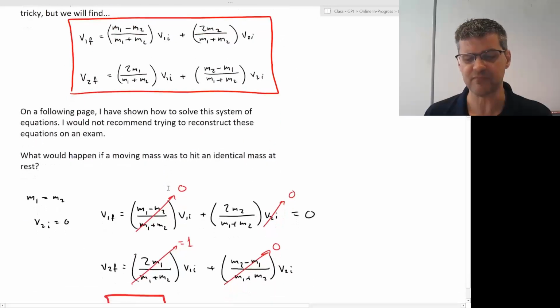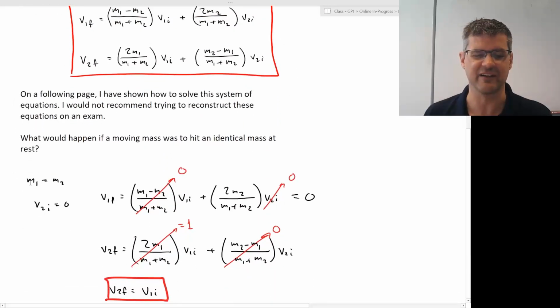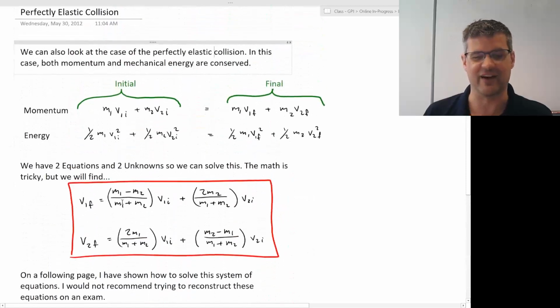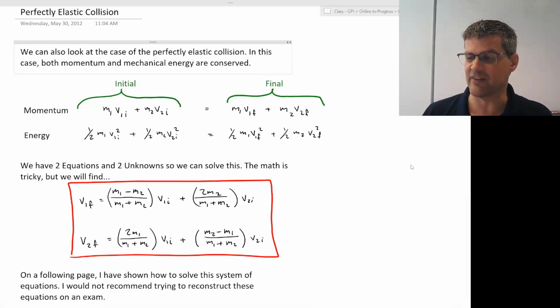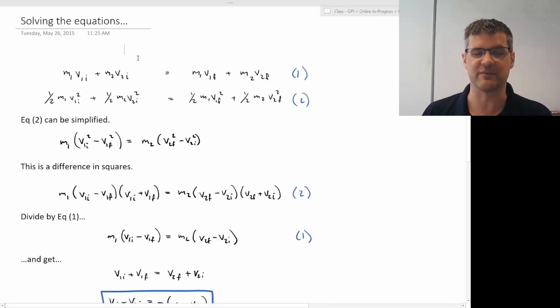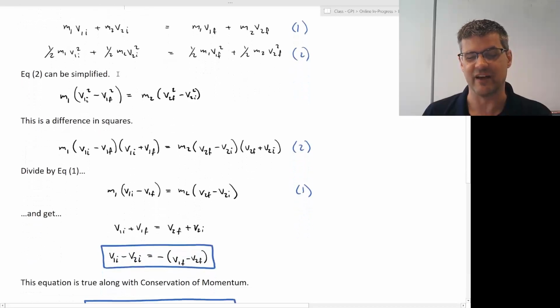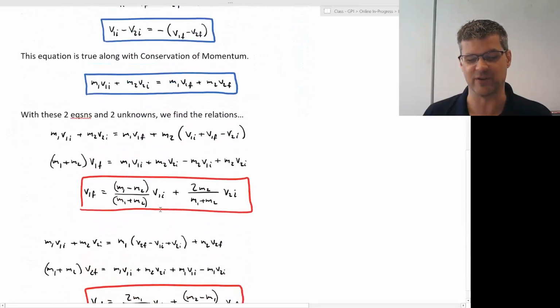Okay? And there's a couple of scenarios that I look at here. Say the cases of two different masses, or two masses that are the same, and one of them is initially at rest, and what goes along with that. If you are curious about how this is motivated, you could go to this page, Solving the Equations, in the notes, and it walks you through where those two equations came from.